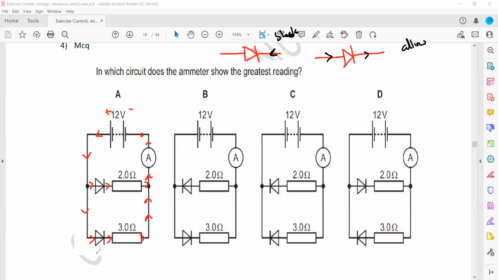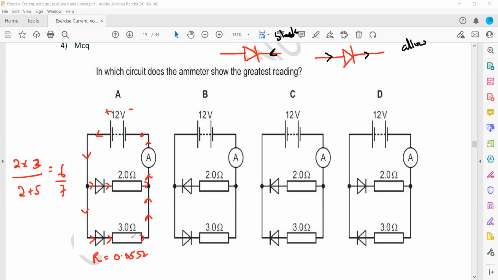To know the combined resistance, the formula is product divided by sum. So the product is 2 multiplied by 3, the two resistances in parallel, divided by the sum 2 plus 3. So 2 multiplied by 3 is 6, divided by 5, so 6 by 5 will give us 1.2. So the resistance of this circuit is 1.2.